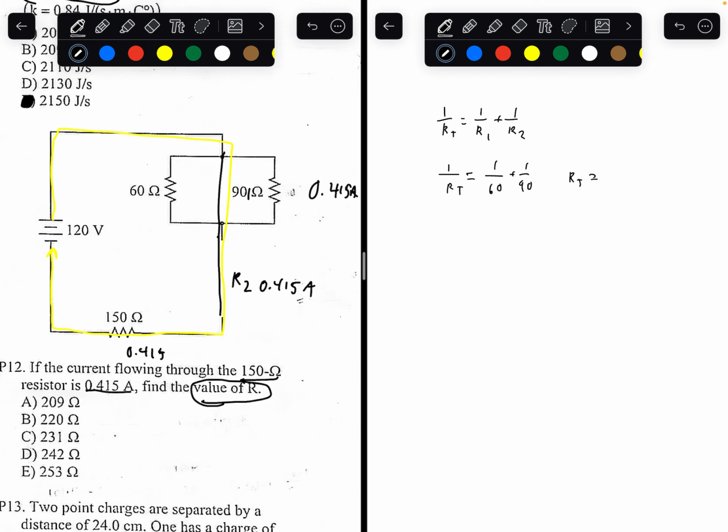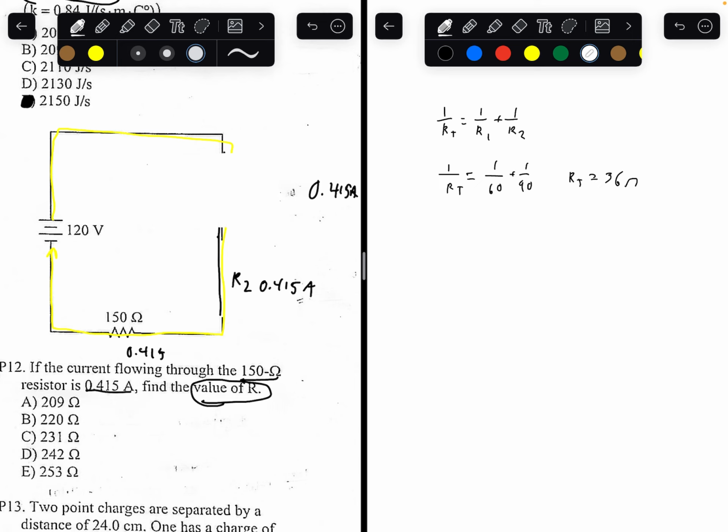Solving for that would equal 36 ohms. So both of these would combine to get one resistor of 36 ohms.